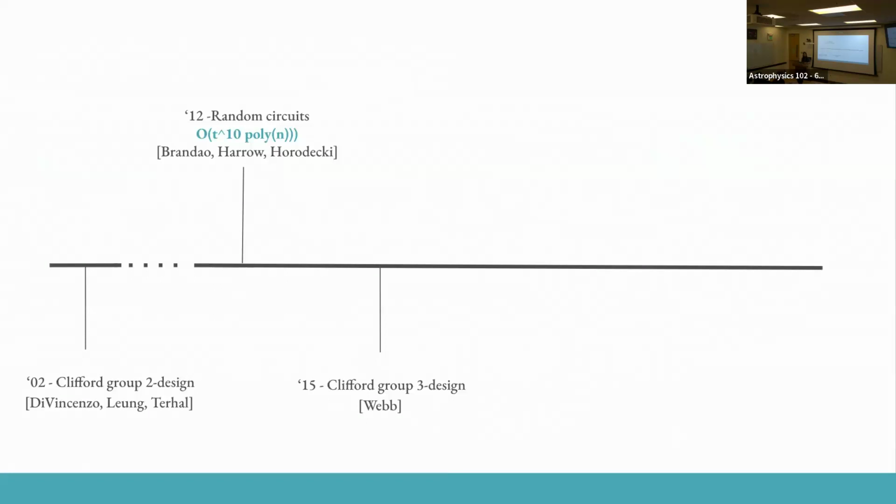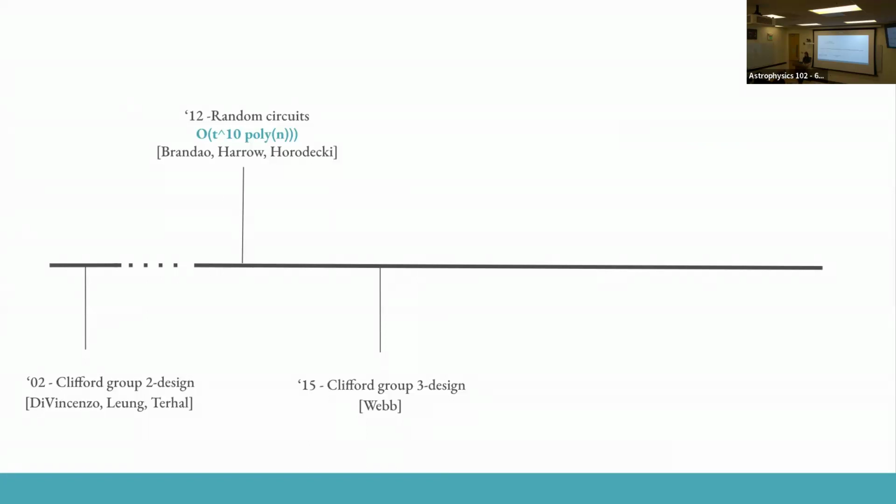So in 2012, Fernando and collaborators studied random unitary circuits and showed that the gate count scales with t to the 10th. When I looked at the Clifford group, we know that's a 3-design, and that's great, but we can't get anything further than that. But there are constructions where you want a higher design.